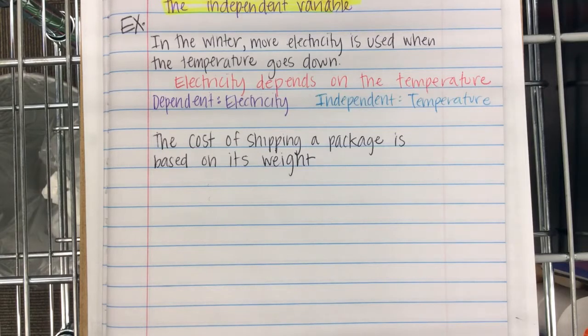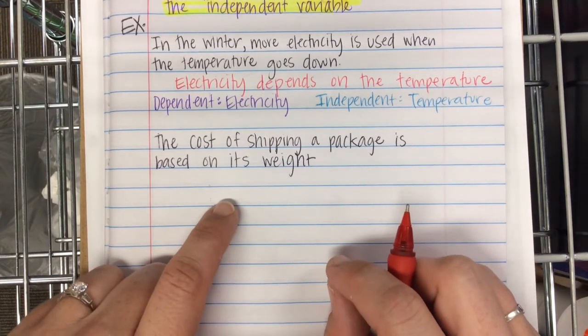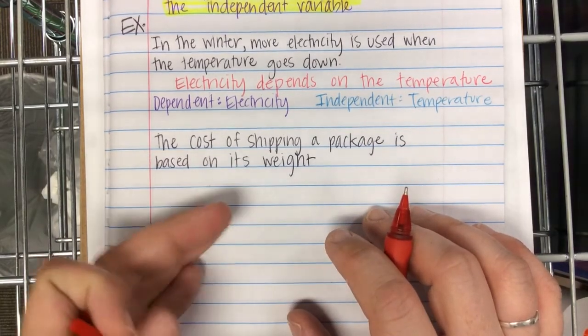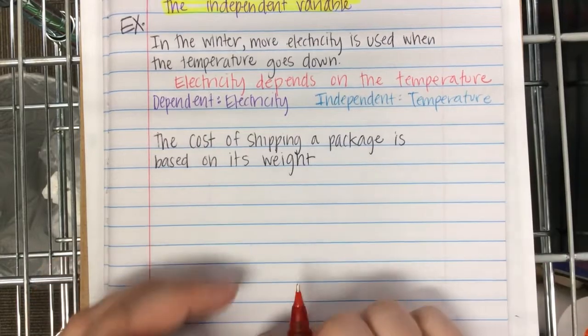What are the two things that we're comparing? Cost and weight. So, does the cost depend on the weight, or does the weight depend on the cost? Do you change the weight of a package depending on how much it's going to cost? Or do you change the cost of the package depending on how much it weighs?